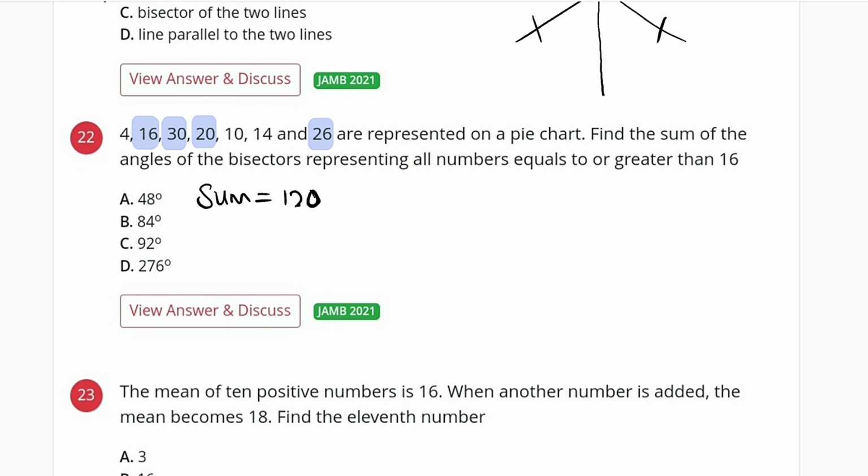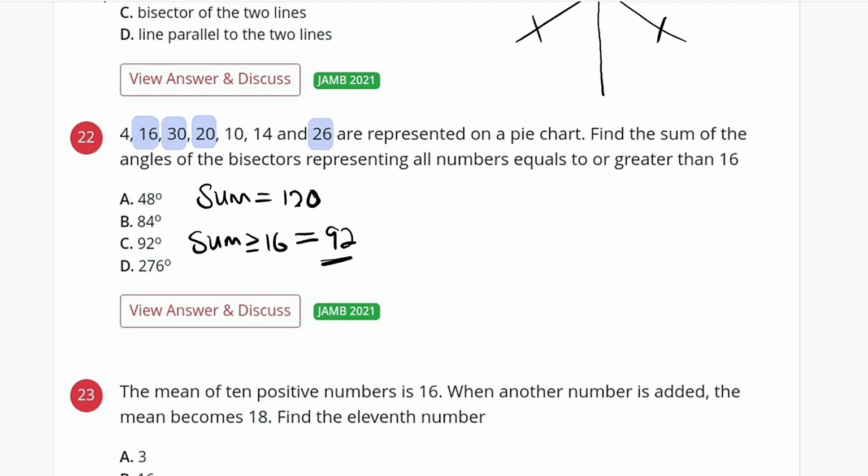These numbers that are greater or equal to 16, let us add them together. Sum of greater or equal to 16: we have 16 plus 30 plus 20 plus 26. We have them as 92. And remember that the total angle on a circle is 360.